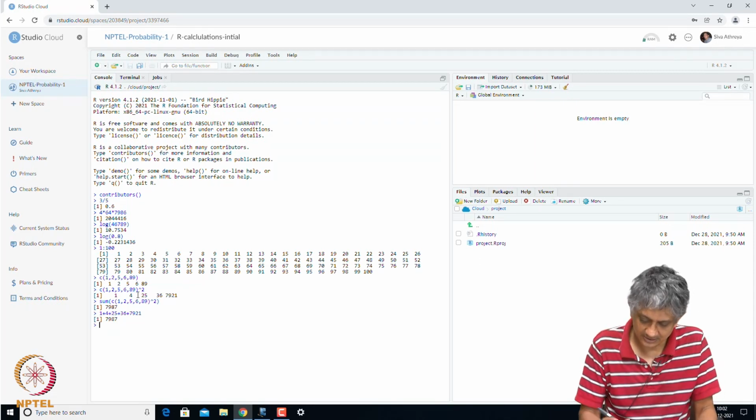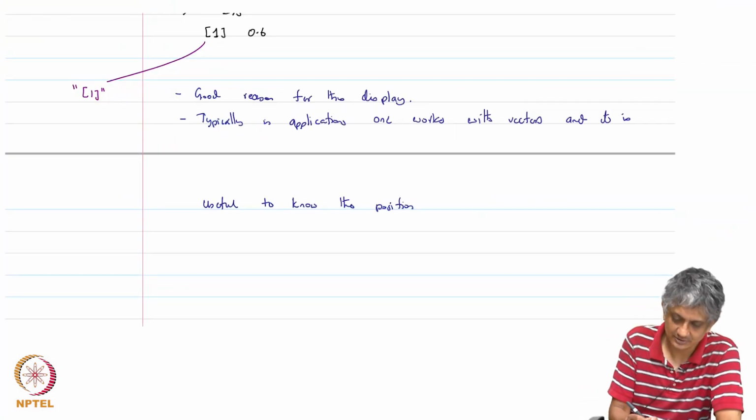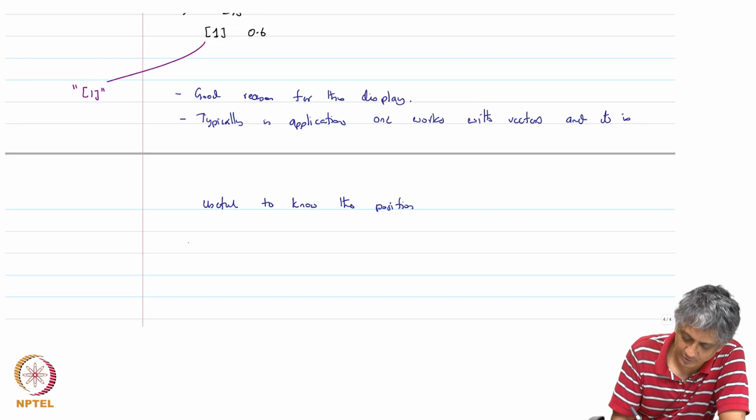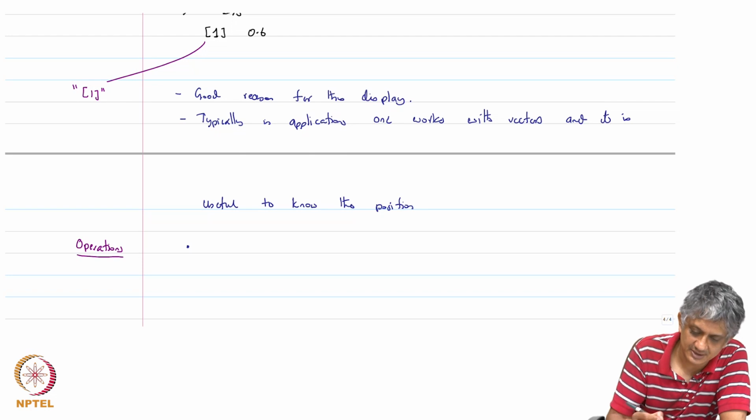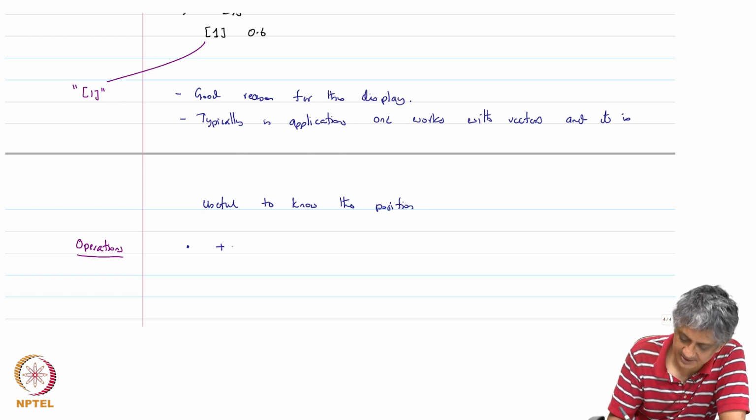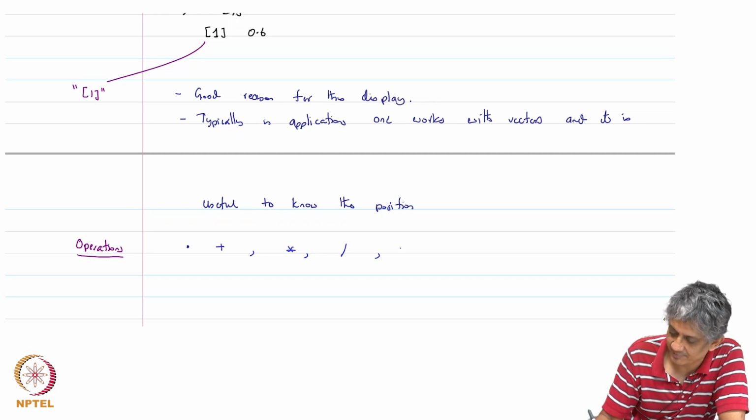So let's go back here. We have seen how to do addition. Let's do the operations here. Addition is plus, multiplication is star, division is a slash, and subtraction is minus.